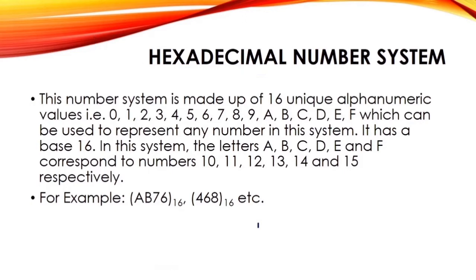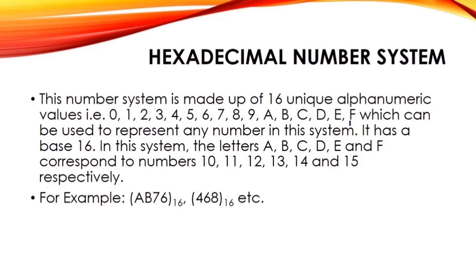In the hexadecimal number system, from 0 to 9 the numbers are as they are, but from 10 to 15 we represent them by A to F. So the number 10 is represented as A, 11 as B, 12 as C, 13 as D, 14 as E, and 15 as F.